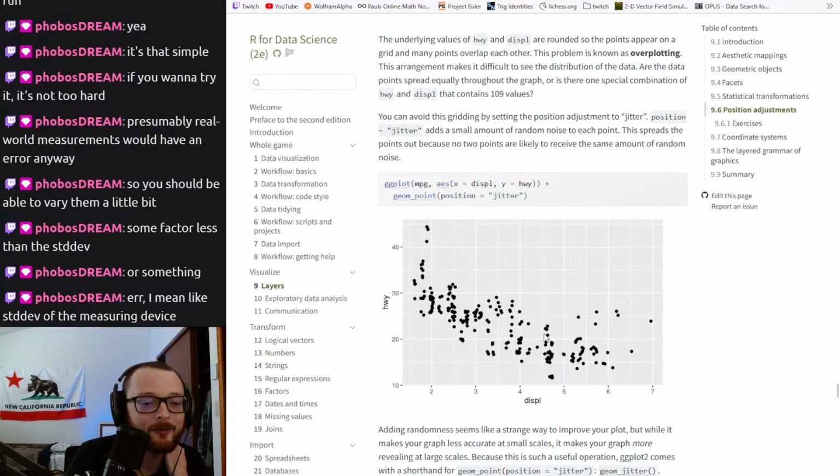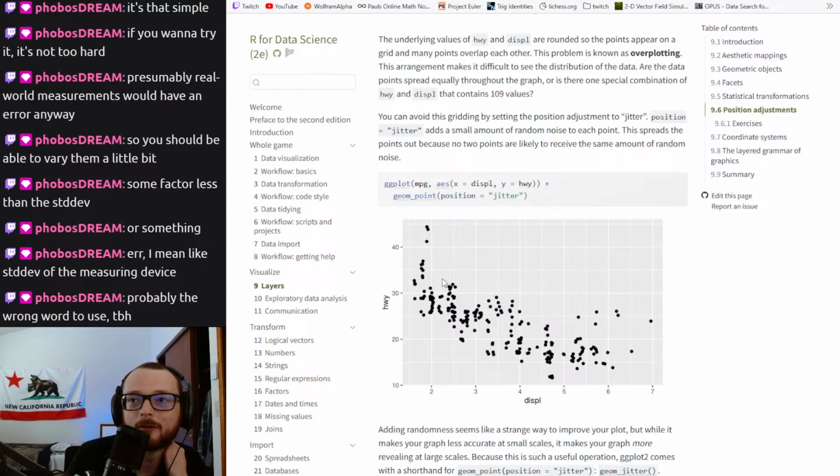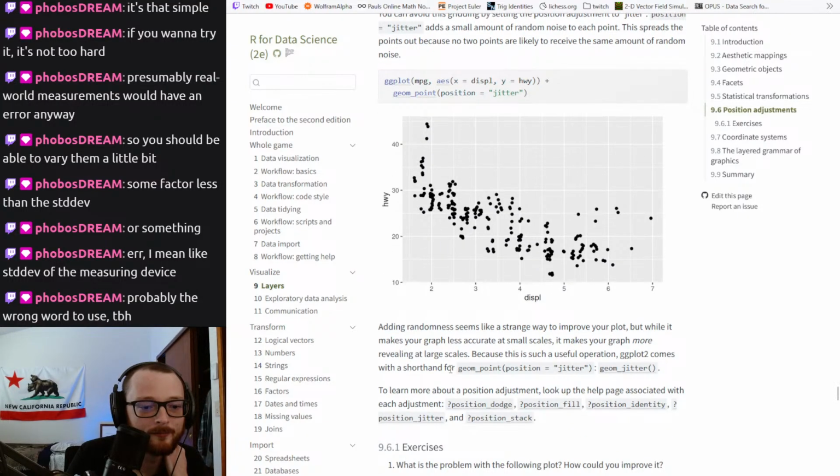I guess you have two dimensions of standard deviation, one for city, one for highway. Yeah, you could definitely do that.